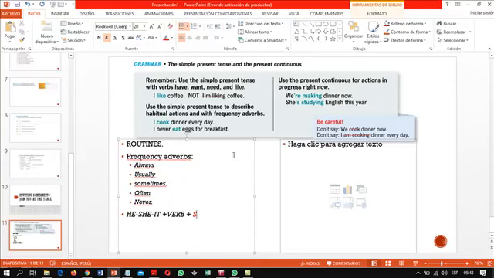She likes coffee. He sometimes goes to the gym in the afternoons. It never eats chocolate, for example, right? Remember, we add the s, right? We add s to the verbs.